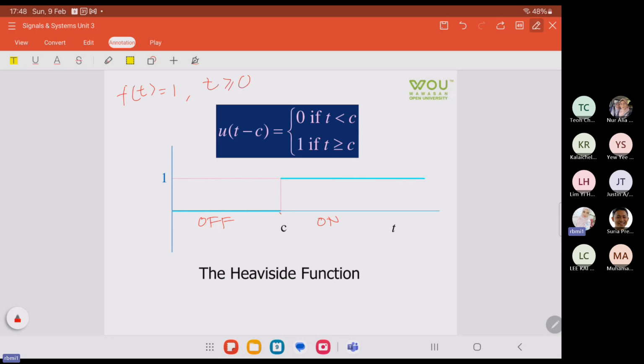With the unit step function, we are able to determine the Laplace transform of a function that is shifted horizontally, meaning it is shifted from the origin to the cutoff point c, and then it will be at high condition. This is considered on for the switch.